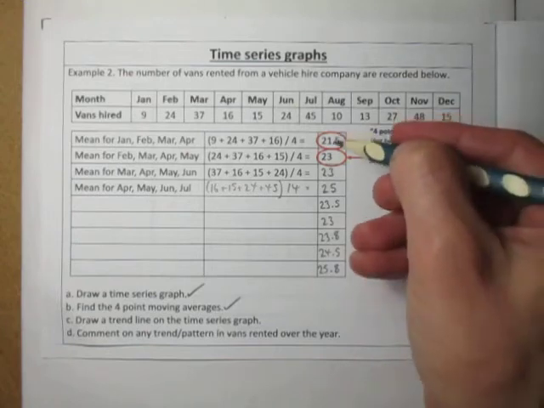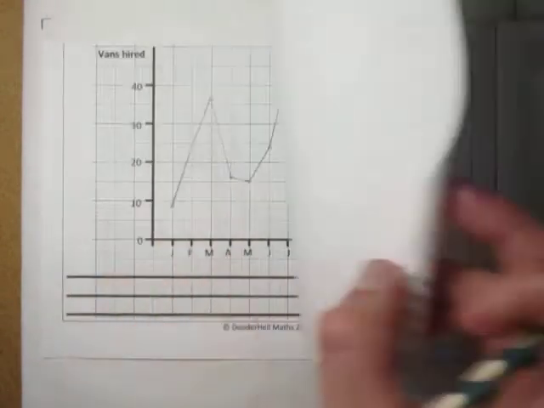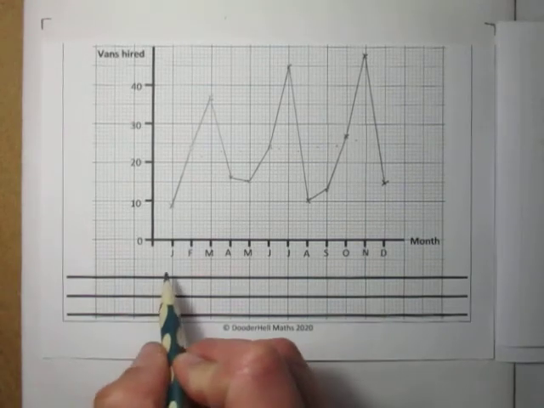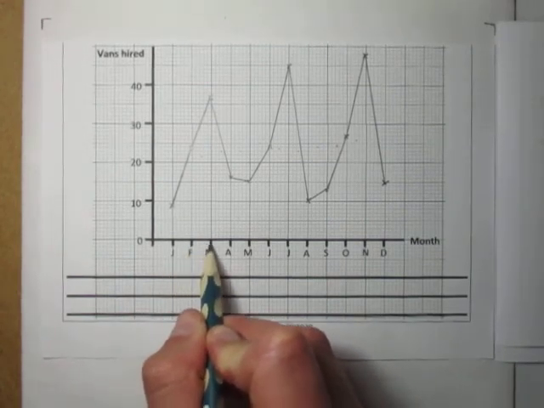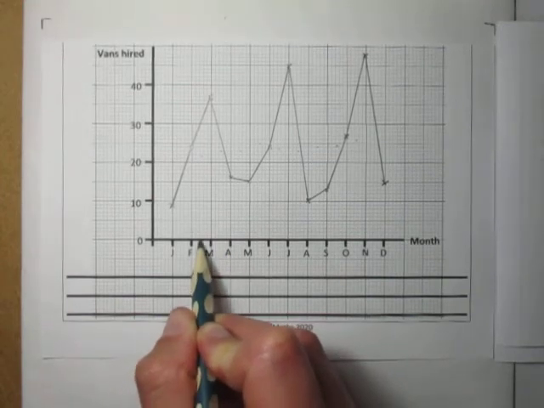Now I'm going to take these values and use them to construct a trend line on the time series graph that hopefully will tell me how the business is doing. Now the first point was the moving average for January, February, March and April. So I'm going to plot that in the middle of those 4 points.